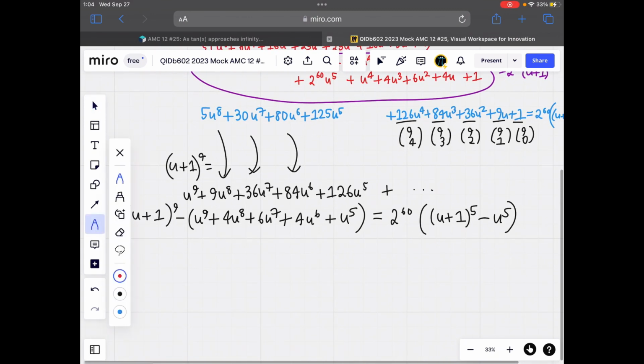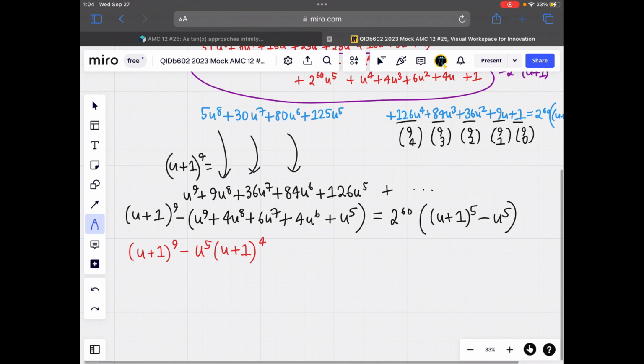Now again, we notice something special here. 1, 4, 6, 4, 1. Those are the coefficients of the binomial expansion of (u + 1)^4. So we recognize this as (u + 1)^9 minus u^5 times (u + 1)^4, because the exponents of u are 9, 8, 7, 6, 5 instead of 4, 3, 2, 1, 0.